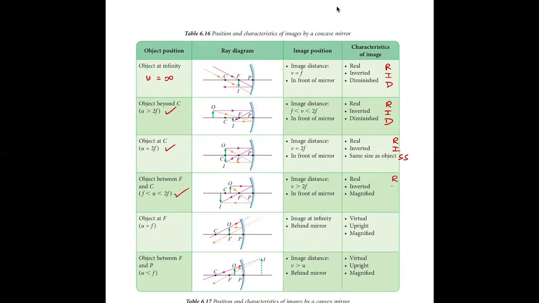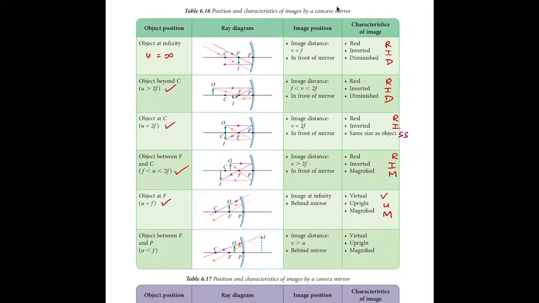So it is real, inverted, and also magnified. Then object is exactly at F: it is virtual, upright, and magnified. And the last one is when the object is less than F, also the same: virtual, upright, and magnified.